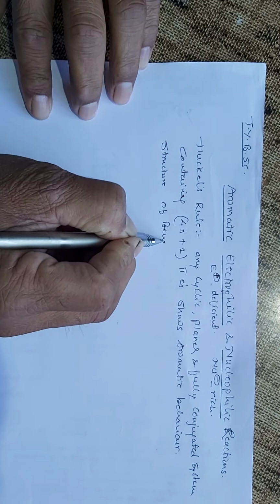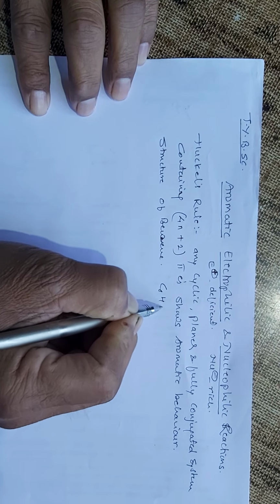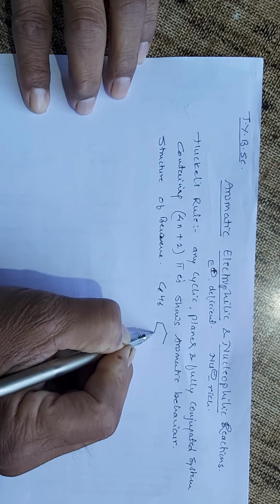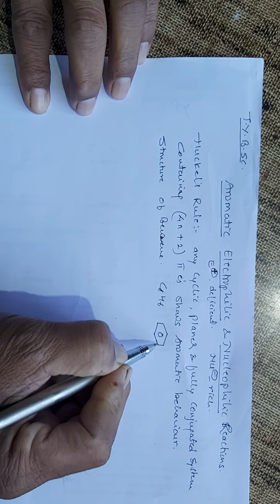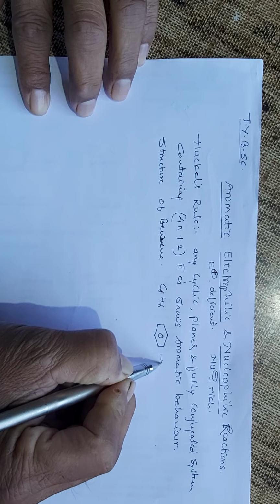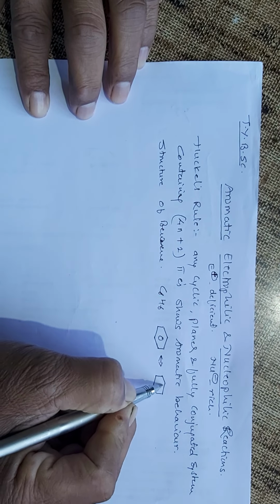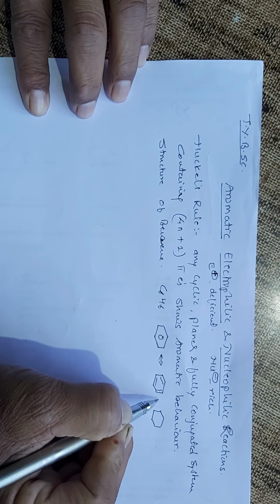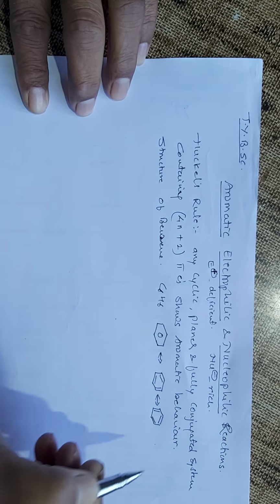So in benzene, having the molecular formula C6H6, the structure is often written as a ring with a circle at the center, or it is written with alternate double and single bonds in two different ways.